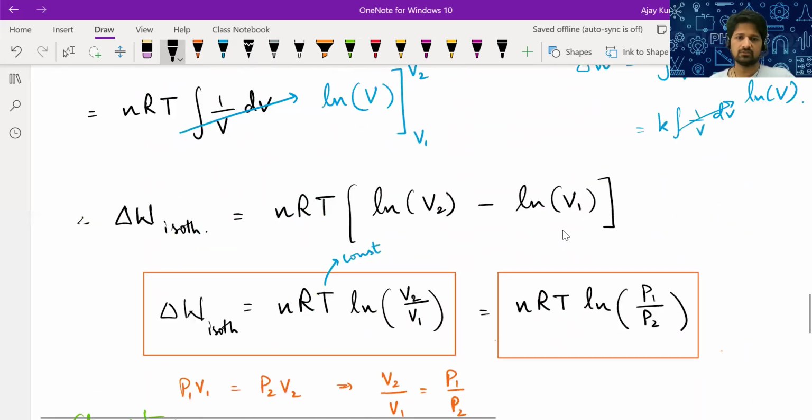And work done in an isothermal process can be calculated as nRT ln V final by V initial. And remember, this is being derived from PV is equal to nRT, right? PV is equal to nRT is valid only if temperature is in kelvins. So here also, it is compulsory that temperature is in Kelvin. You cannot substitute temperature in other units and calculate work done using this formula.